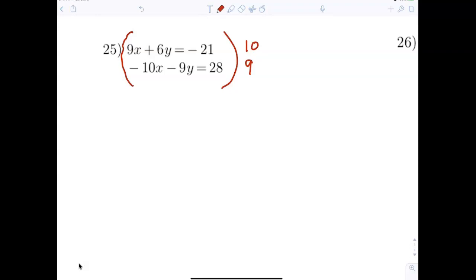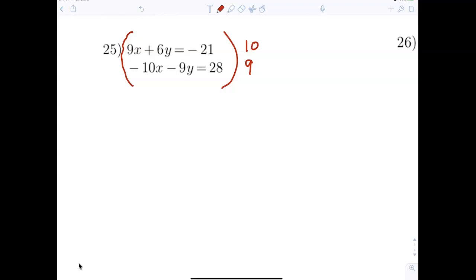Because remember, I'm trying to get the x's to cancel out. So if I multiply 10 by 9, what does that become? If I multiply 9 by negative 10, and then do what? You with me? Make sense? Now, let's look at the y's.